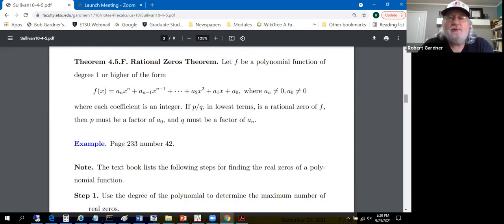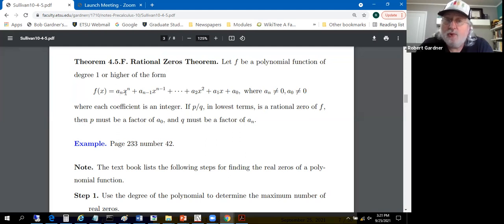The rational zeros theorem, which we do not have the ability to prove with our current level of knowledge, says for f a polynomial function of degree 1 or higher of the form f of x equals a sub n x to the n plus a sub n minus 1 x to the n minus 1, down to the constant term a sub 0, with the conditions that a sub n is not 0.